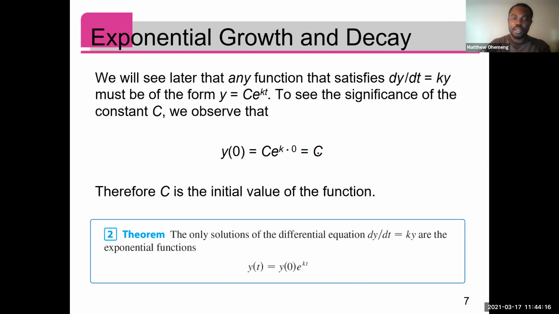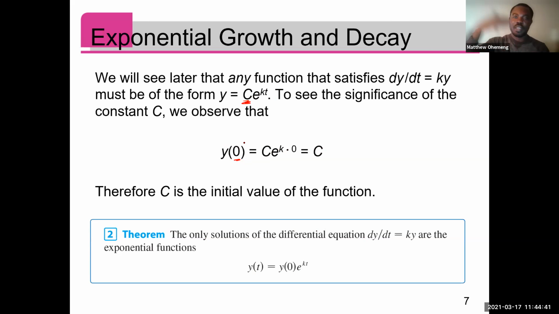Now moving on, it turns out that if you have an initial condition for y of t, say we plug in 0, don't forget that y of t is c e to the kt. If you plug in 0 for t, you just get c. So the constant c is just the initial value, y of 0.